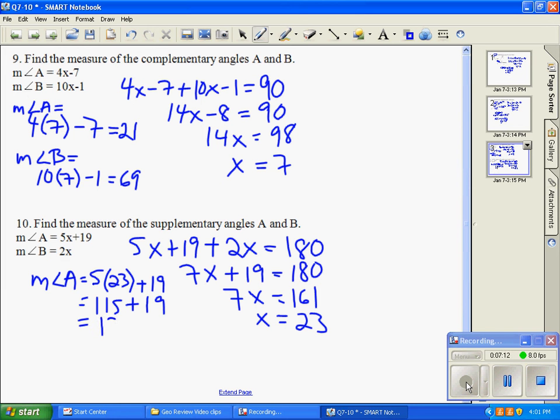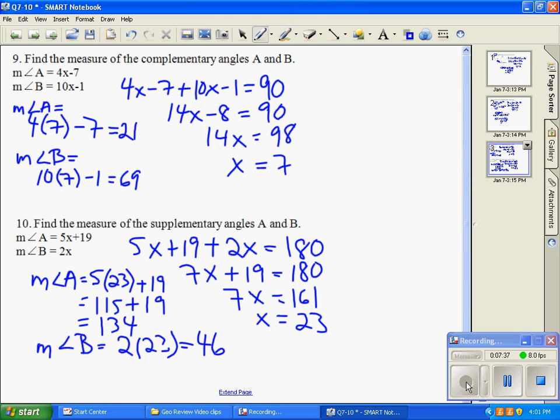So this is 134. The second angle is 2 times 23. So that gives us 46.